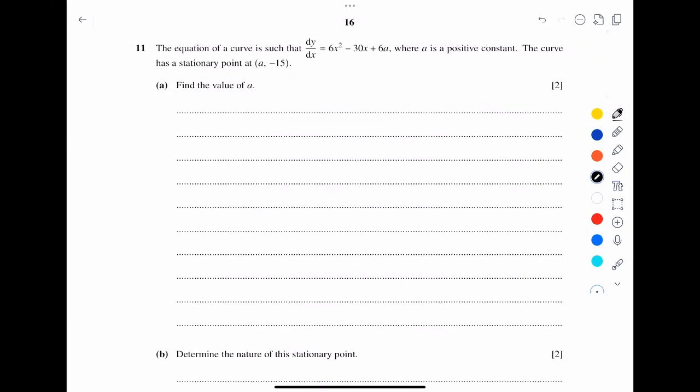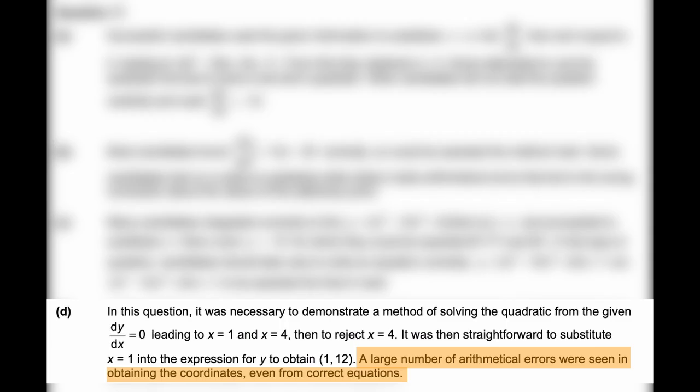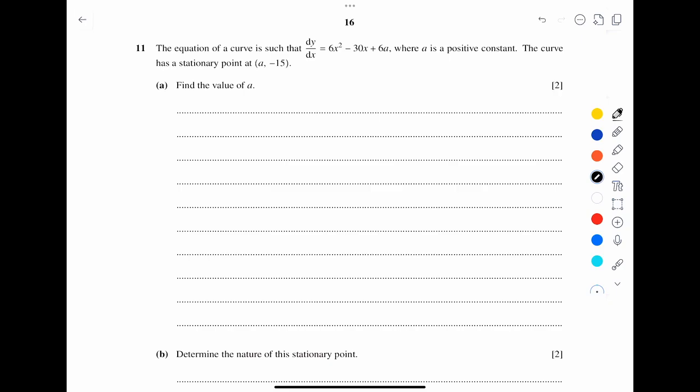Finally, the remaining question to go through here is question 11, with the first bit being okay, but then according to the examiner, the last bit was much harder to complete. So make sure to listen closely. The first bit isn't too difficult. Our unknown here is a stationary point, and we're given dy by dx also.